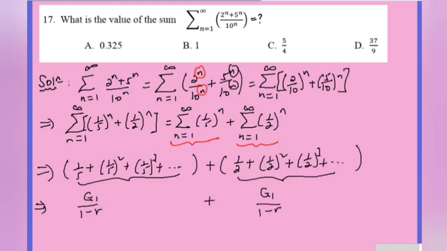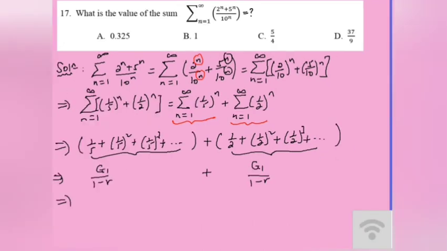Here the first term in the first bracket is 1 over 5, over 1 minus the common ratio, which is found by dividing the second term by the first. The common ratio is 1 over 5.